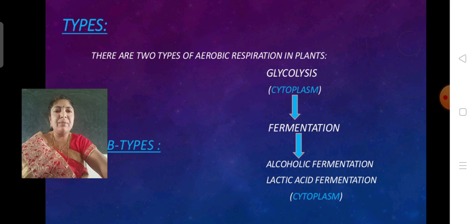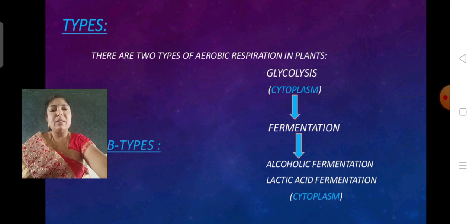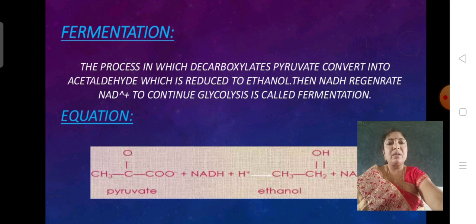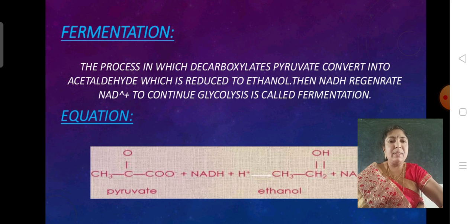So there are two types of anaerobic respiration present in plants. One is glycolysis, which occurs in the cytoplasm, already explained. The second one is fermentation. It is in the form of alcoholic fermentation or lactic acid fermentation. In plants, ethyl alcoholic fermentation occurs, in which pyruvic acid is decarboxylated into acetaldehyde, which is reduced to ethanol.